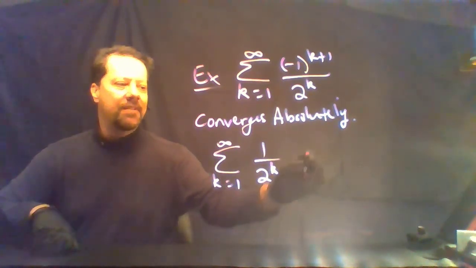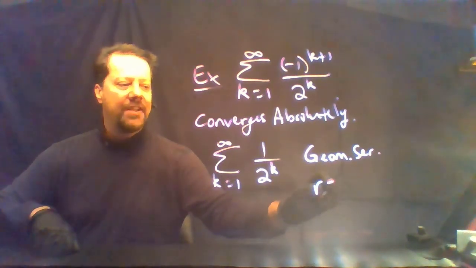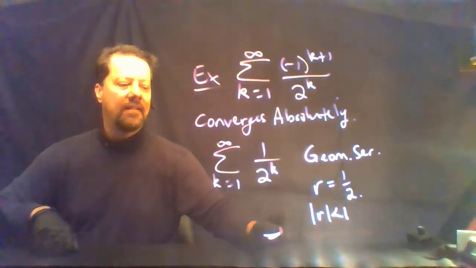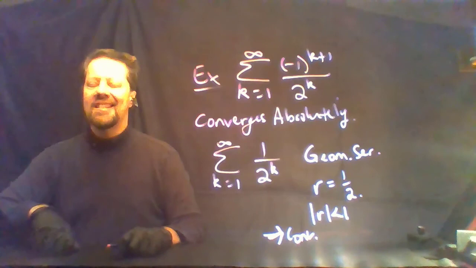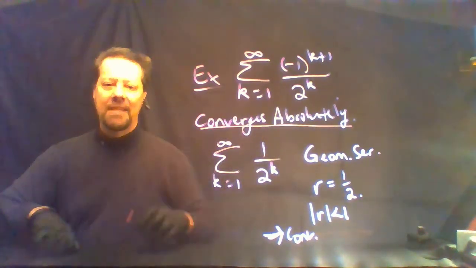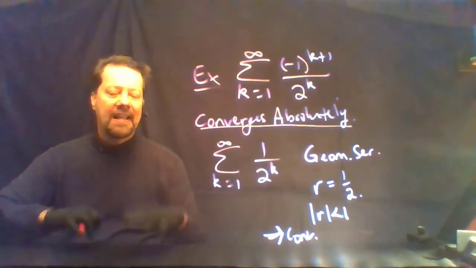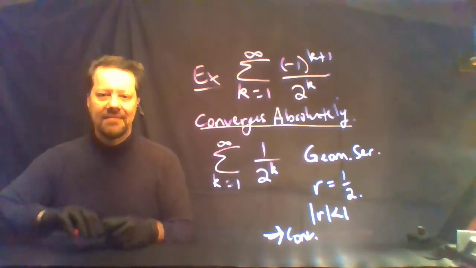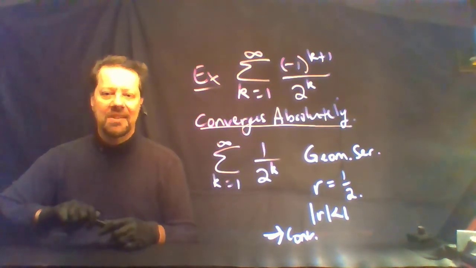This is a geometric series with common ratio equal to 1/2. Since that's less than 1, that implies in absolute value the series converges, and since it converges in absolute value, it converges absolutely, because that's what that term means. We now also know from the last theorem that since this series converges absolutely, it converges. But we could have had that from the geometric series test as well.